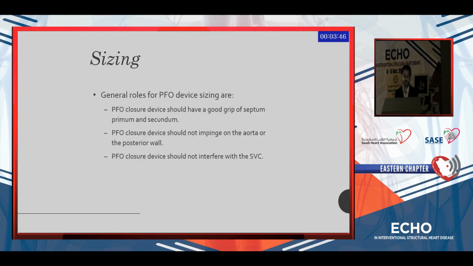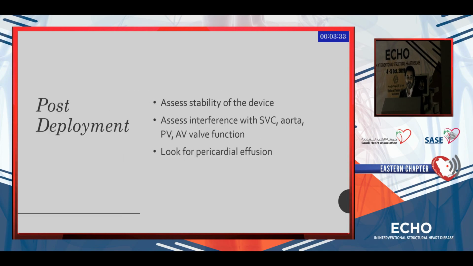So the general rule here for PFO device sizing is your device should have a good grip of both septum primum and secundum. Device closure should not impinge on the aorta or the posterior wall and should not interfere with the SVC flow. So what about post-deployment?